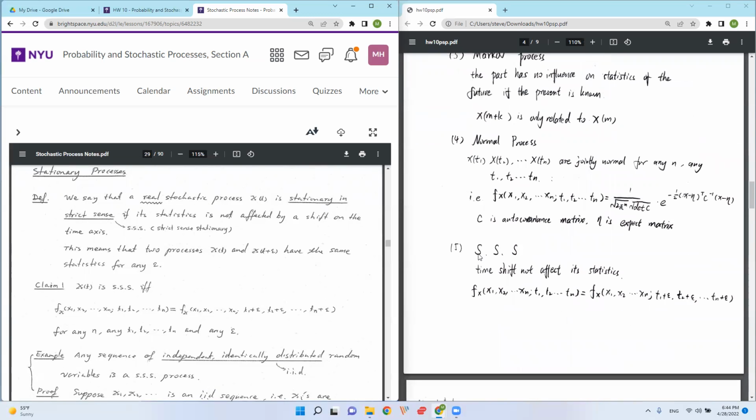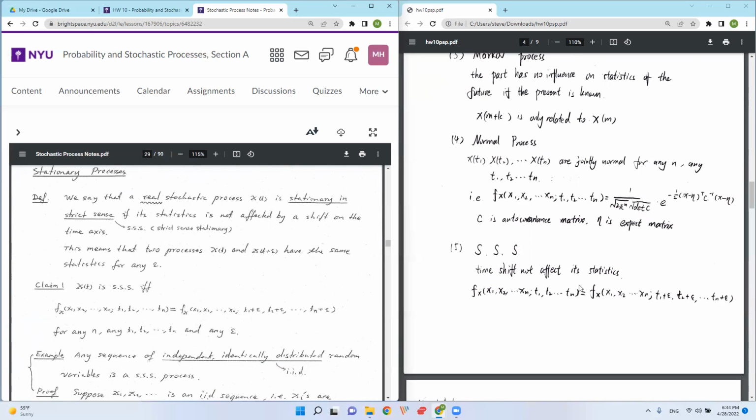In the strict sense, we're saying that not only are those two not changing, but when the time shifts, the entire statistics, or the distribution function, is not changing. So the distribution without the time shift is the same as the distribution with the shift.